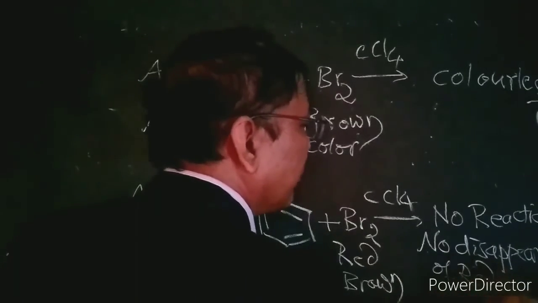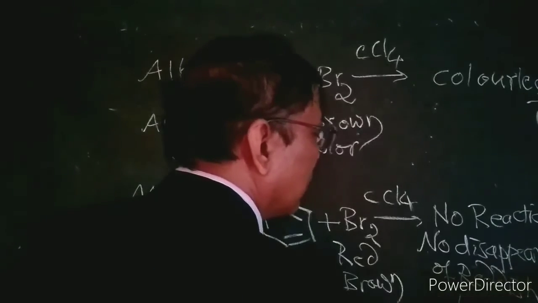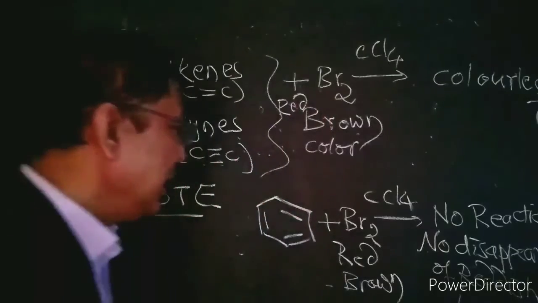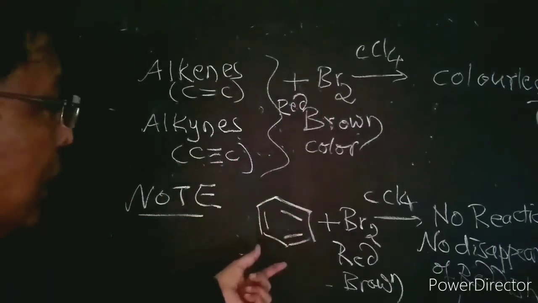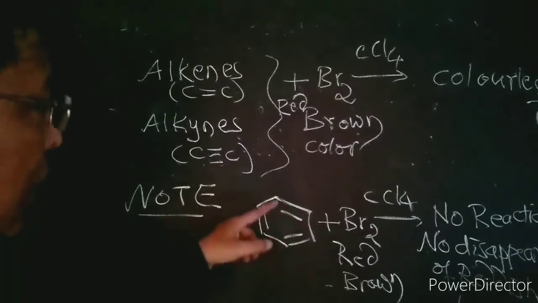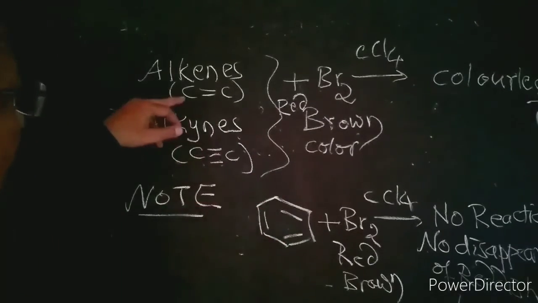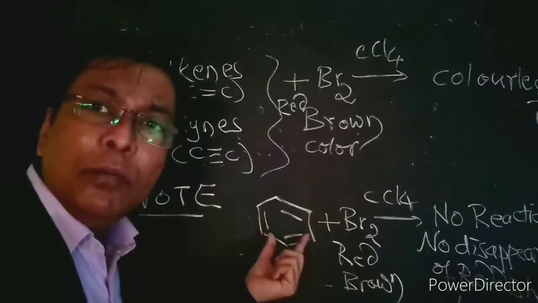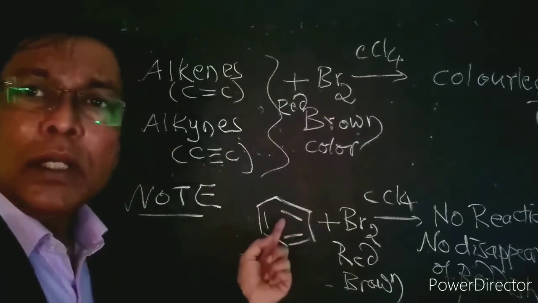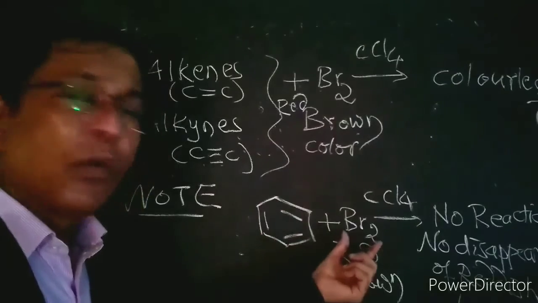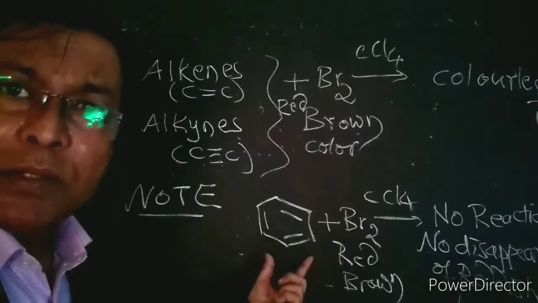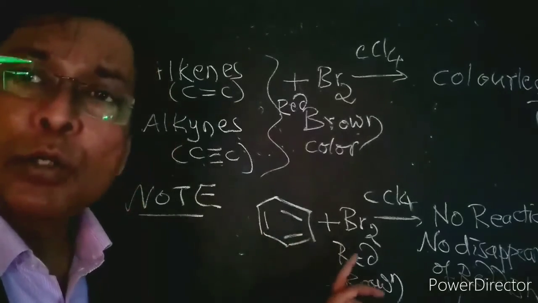Why? The reason is the double bonds here in benzene are involved in resonance. As in the case of alkenes and alkynes, addition of bromine takes place, but in the case of benzene, the double bonds are involved in resonance, therefore an addition reaction with bromine will not take place in benzene. Therefore, benzene will not show the bromine water test.